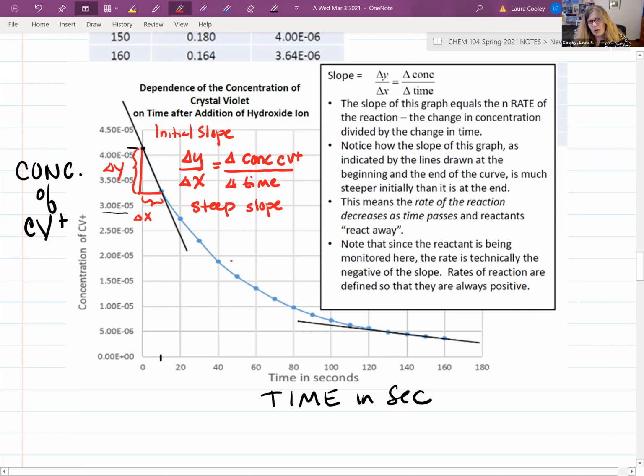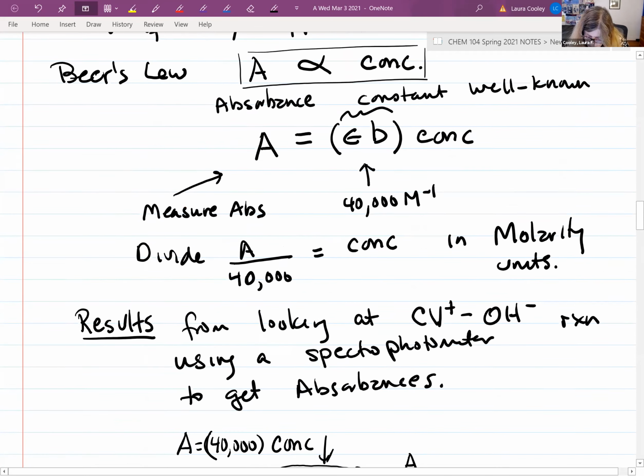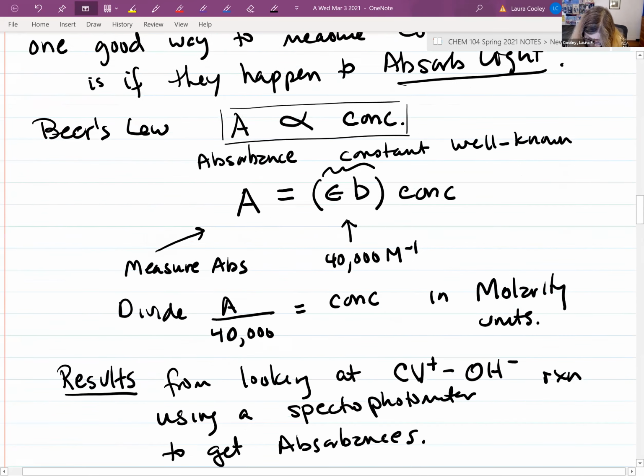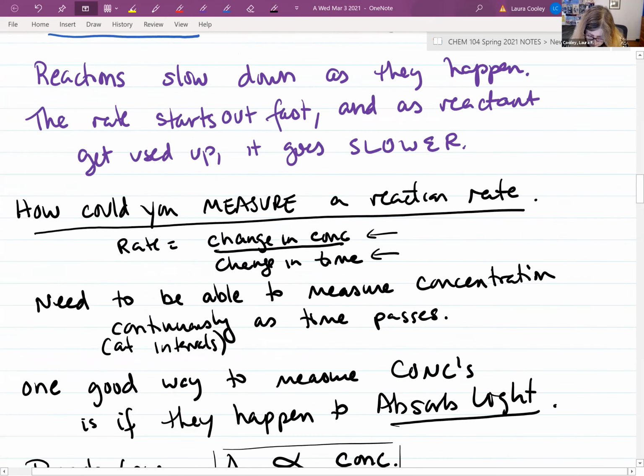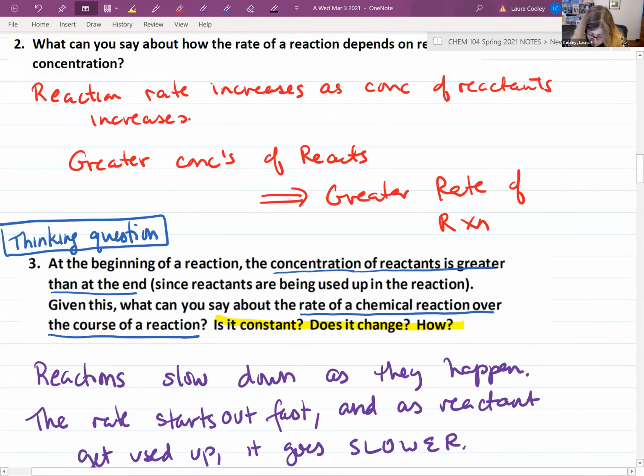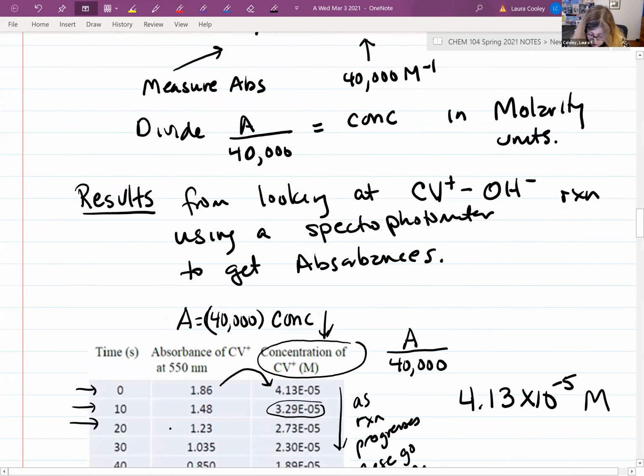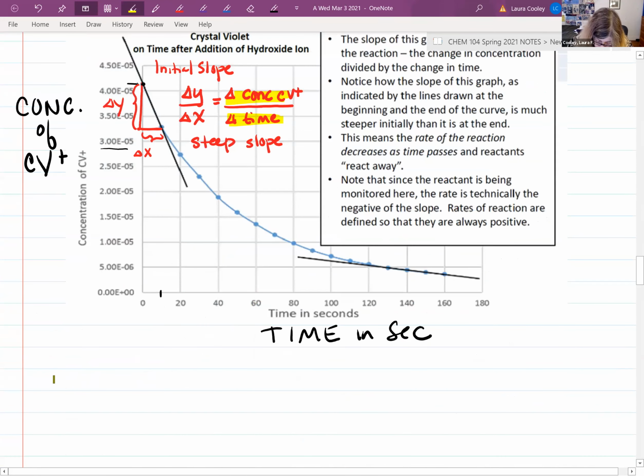Now, what is that slope equal to? Look at what I just wrote here. This is the change in the concentration over the change in time. That is the reaction rate. If you go back, I think I told you that at one point. Maybe I didn't, but anyway, I'm telling you now, a reaction rate is a change in concentration divided by a change in time.